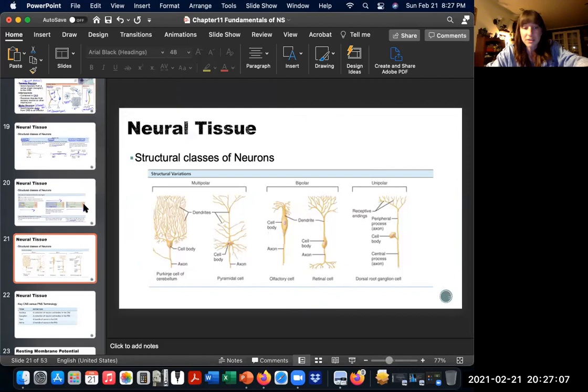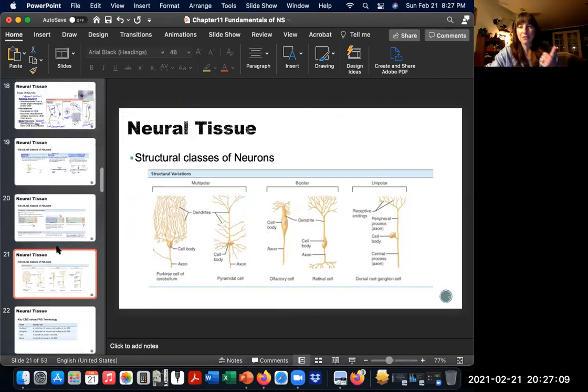This is very important, right? So types of neurons, structural classes of neurons, where they can be found, and types of neuroglial cells and where they can be found, central nervous, peripheral nervous system. That's going to be what you want to really focus on Thursday.